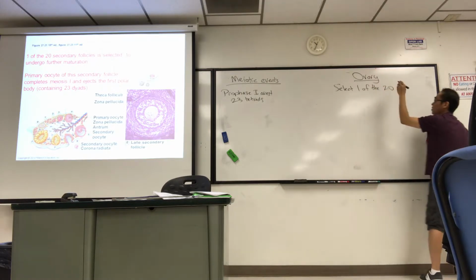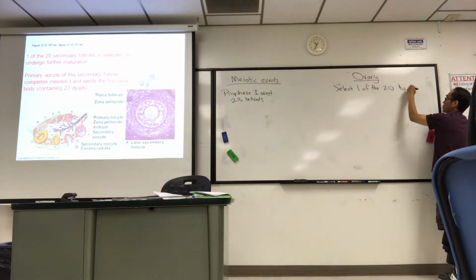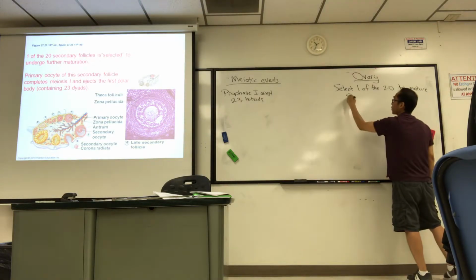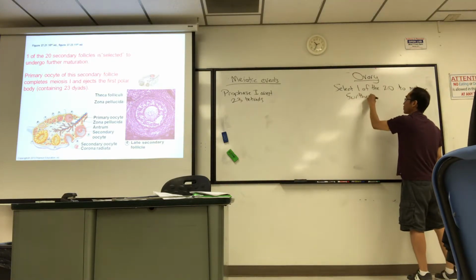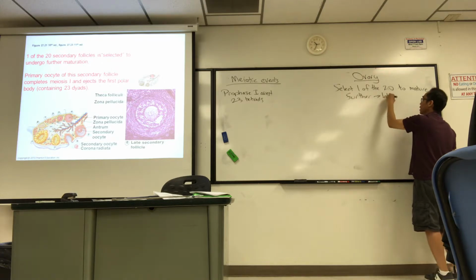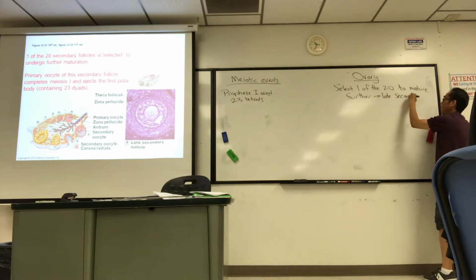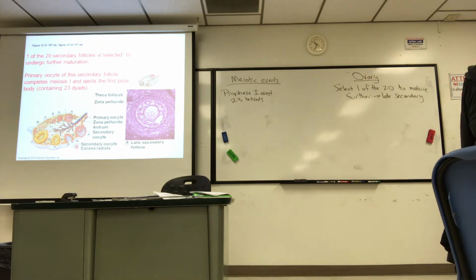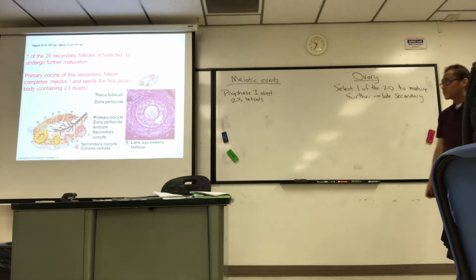In this round, select one of 20 to mature further, for example, into late secondary. The other 19 are still useful for secreting estrogens during the follicular phase, but you see some more development there. There's more fluid-filled spaces. Okay, I still put ZP and theca.